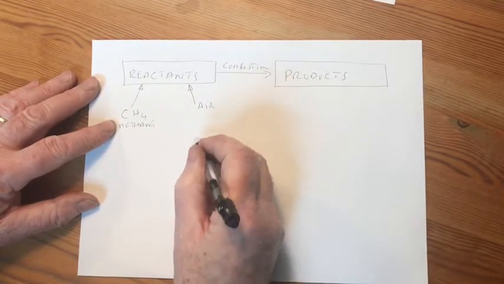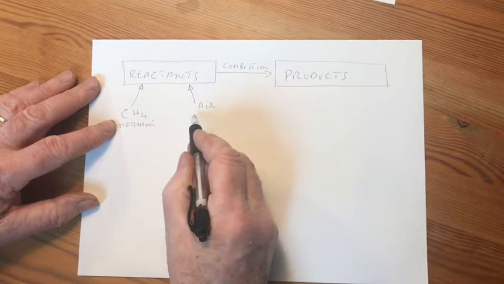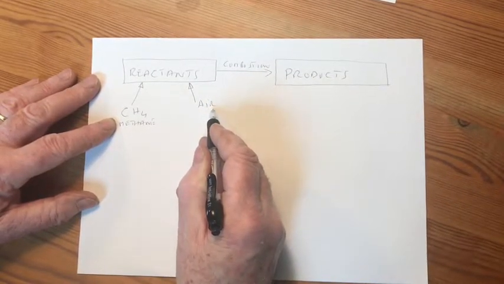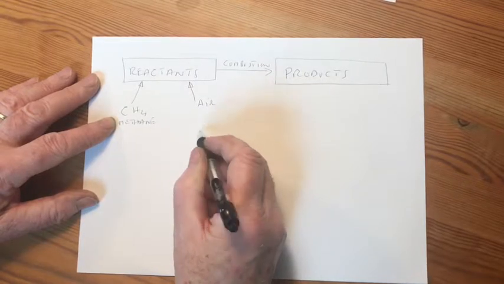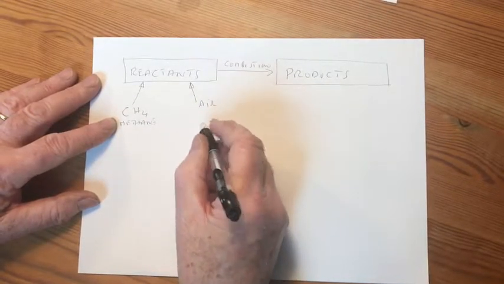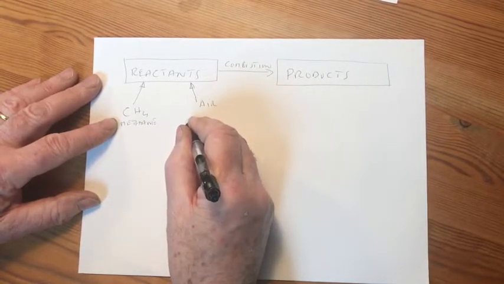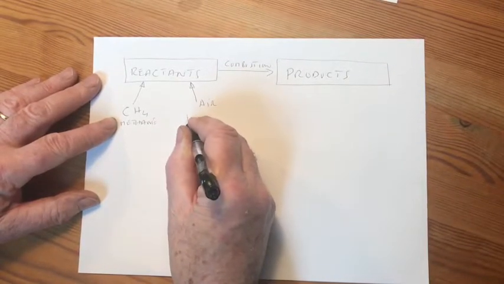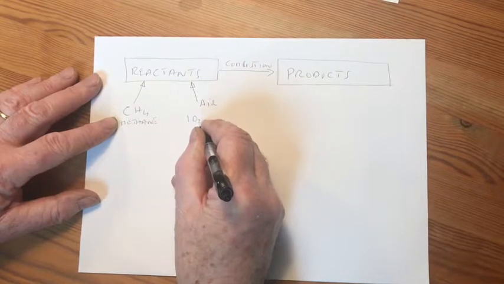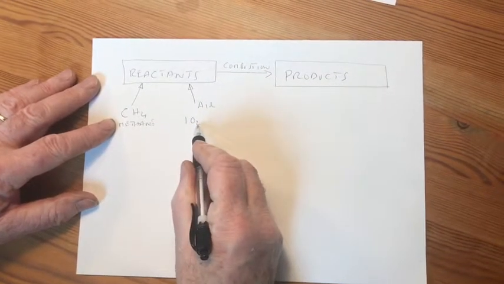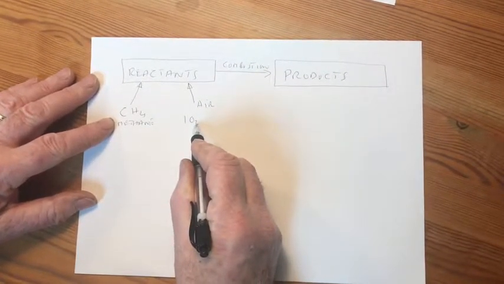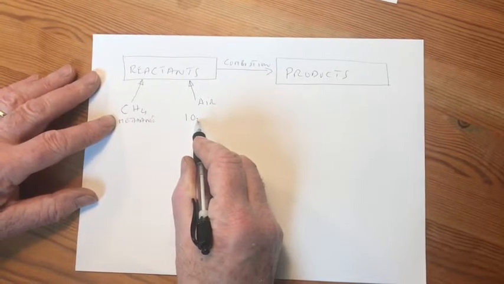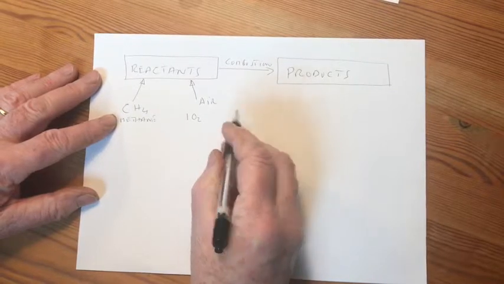Now air, as we know, consists of 21% of oxygen and 79% of N2. Now, we can actually write the composition of air in terms of what we would call moles or kilomoles. So we put 1 O2. So every 1 kilomole of O2, we have almost 4 times as many N2 molecules.